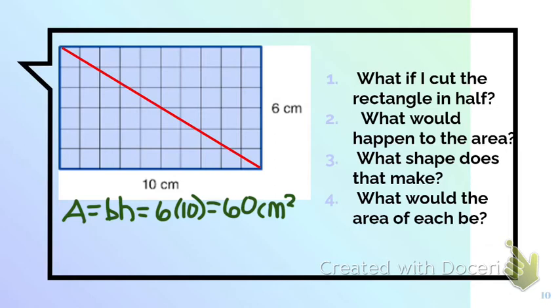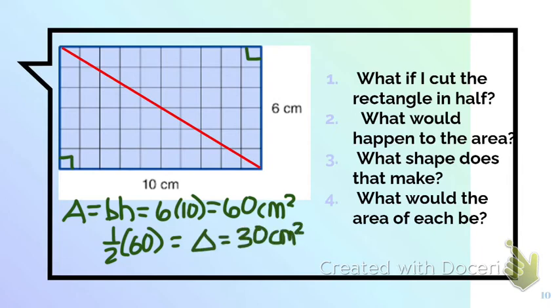What's been created are actually two right triangles. So if I wanted to find the area of this triangle, I could just do half of the 60 centimeters squared that I originally got, to find out that the triangle's area is 30 centimeters squared.